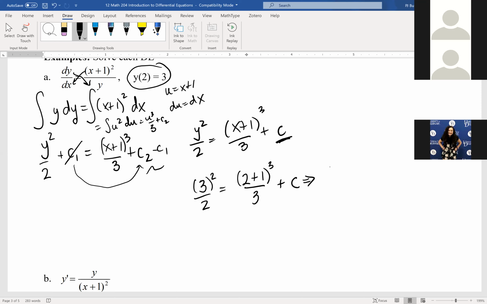Okay, so we've got 9/2. Then up here, we're going to have 3 cubed over 3, which is going to be 3 squared, or 9. So c equals 9/2 minus 9, which is minus 9/2.